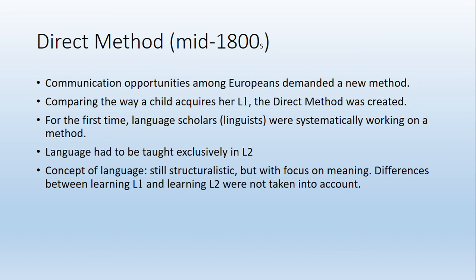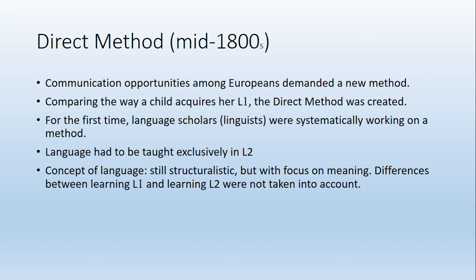Let me explain this. Guys, even today, there are many people that still say that we need to learn a language the way a child learns. That's not true. This is a theory that is over 200 years old. So it cannot be right. Why not?